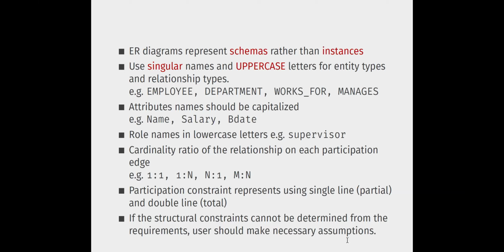That's why I said you have to decide when you have not been given enough information. Sometimes we give a description, and based on the description you can determine. If you cannot determine, then you make assumptions to make the description complete.